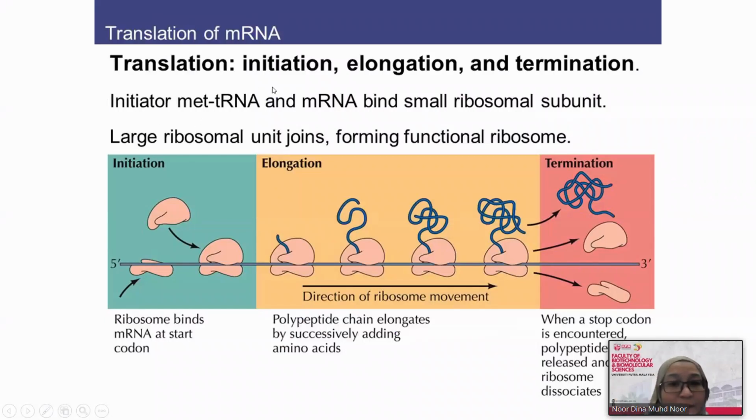Last time we discussed how we need the initiator methionine tRNA. During initiation, we need the tRNA which carries the methionine, which brings the signal to start protein synthesis. And we also need the mRNA to bind to the small ribosomal subunit.